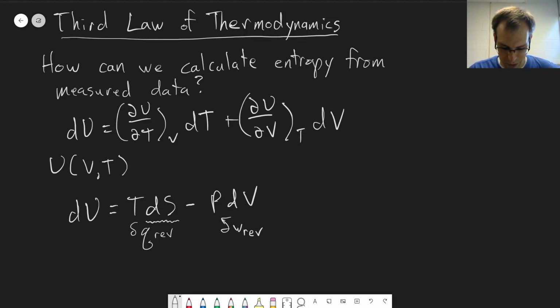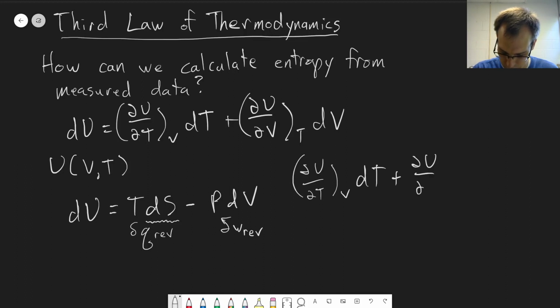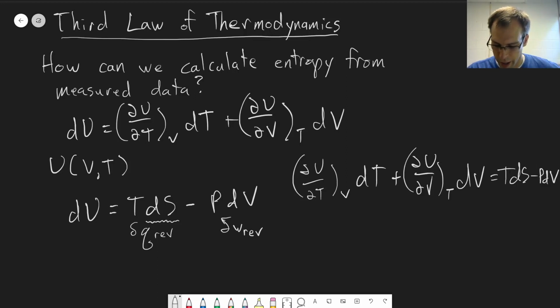So we can set these equations equal to each other. We can have (∂U/∂T) at constant V dT plus (∂U/∂V) at constant T dV equal to T dS minus P dV. And now we can go ahead and rearrange and solve this for dS.